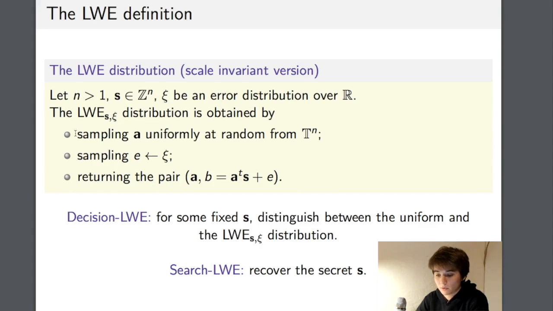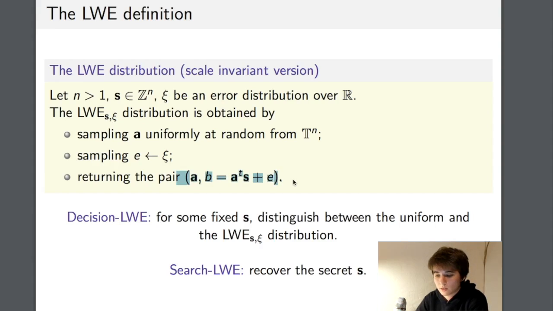First, we sample a vector A uniformly at random. As we consider the scale invariant version, each coordinate of A is sampled independently from the uniform distribution over T. Then we sample the error E from our Gaussian-like χ distribution. Then we return the pair (A, B).